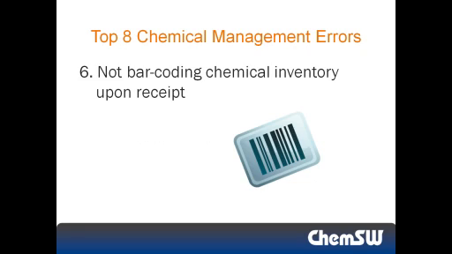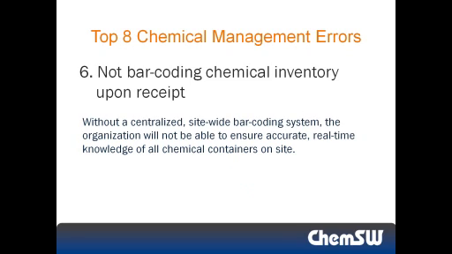Not barcoding chemical inventory is another big chemical management error. Without a centralized, site-wide barcoding system, the organization will not be able to ensure accurate, real-time knowledge of all chemical containers on site.